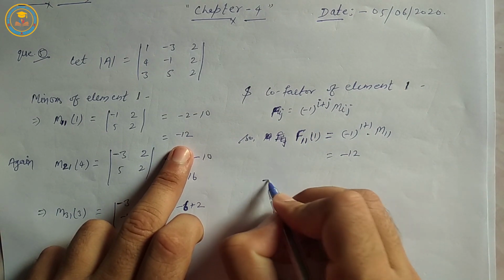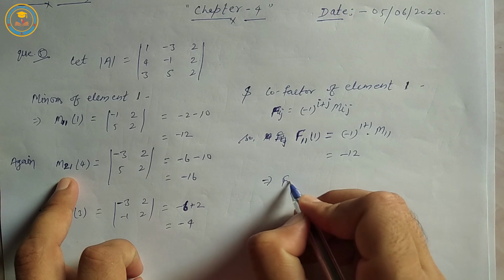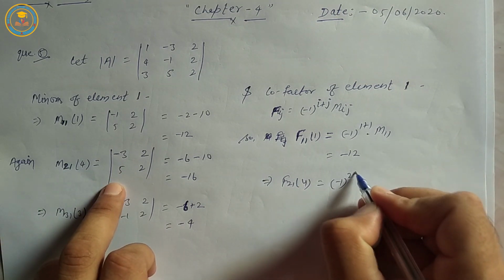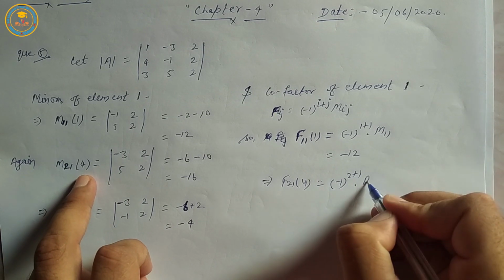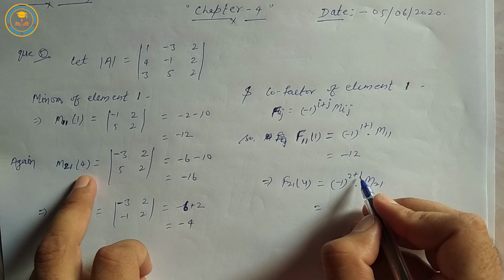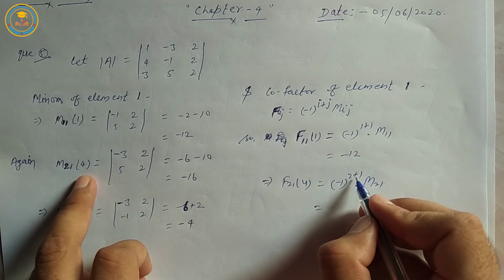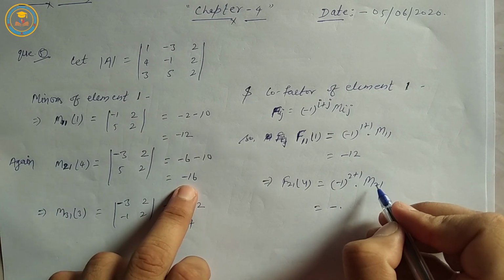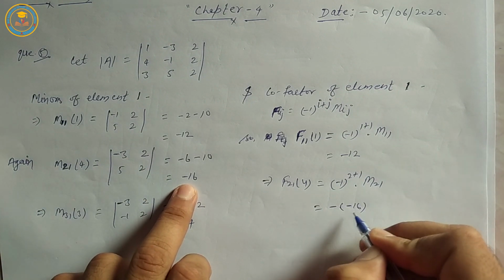Okay, and F21 is equal to minus 1 to the power 2 plus 1 into M21. 2 plus 1 is 3, an odd number, it means negative, into M21, which is equal to 16.